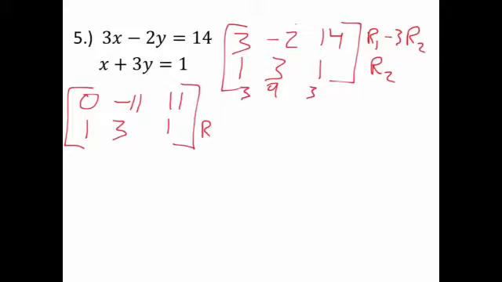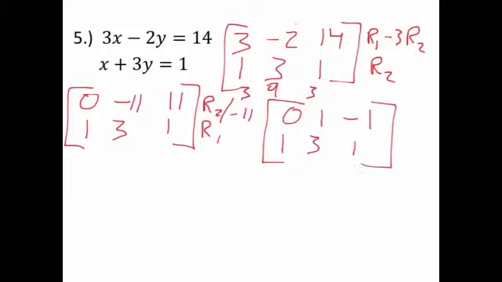I'm going to leave row 1 the way it is for a second, but I'm going to take row 2 and divide by negative 11. That'll make it 0, 1, and negative 1, and my second row is the same as it was. Now I'm going to let row 1 be the same, but take row 2 and subtract 3 times row 1.